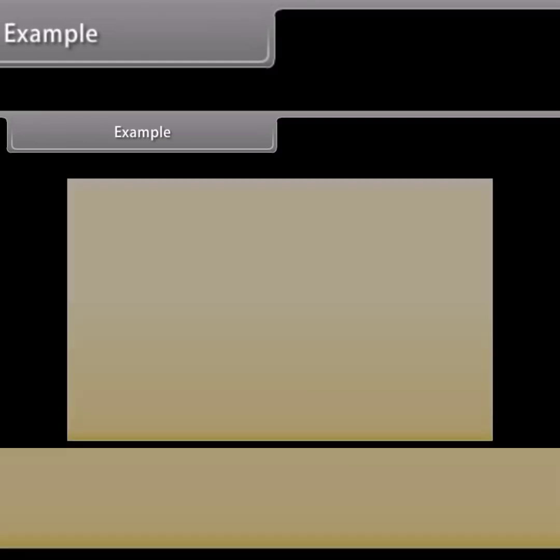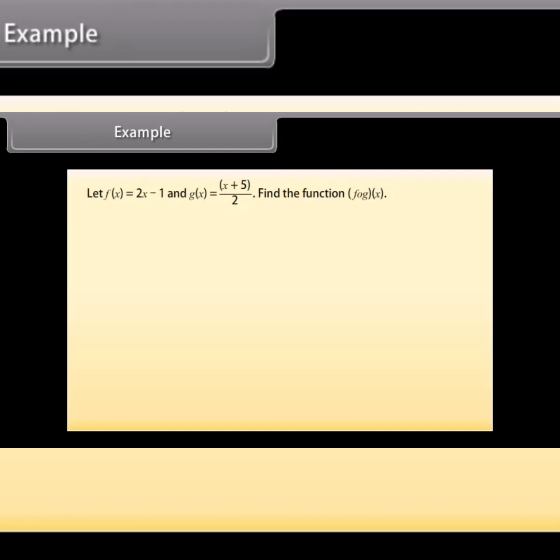Example. Let f of x is equal to 2x minus 1 and g of x is equal to x plus 5 by 2. Find the function f of g of x. Solution. Given g of x is equal to x plus 5 by 2.